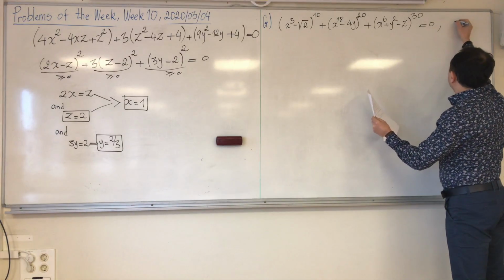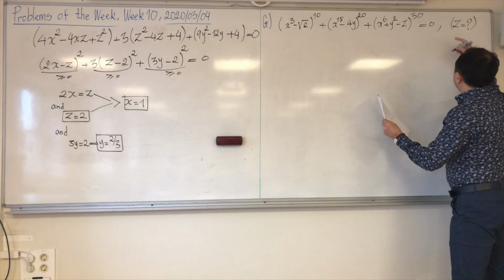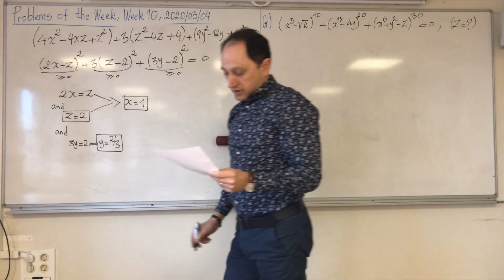But the question mark is only for z. I am supposed to find the numerical value for z.